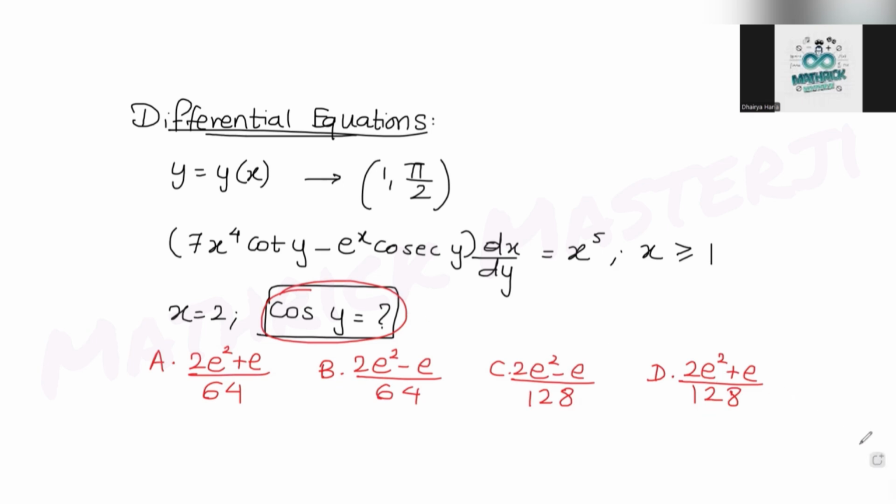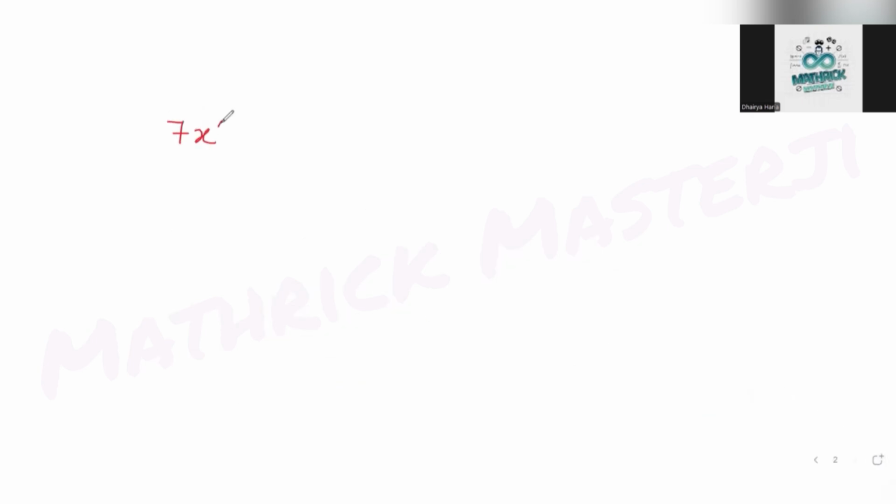So I have been given a differential equation which says (7x^4 cot y − e^x cosec y) multiplied with dx/dy is equal to x^5.